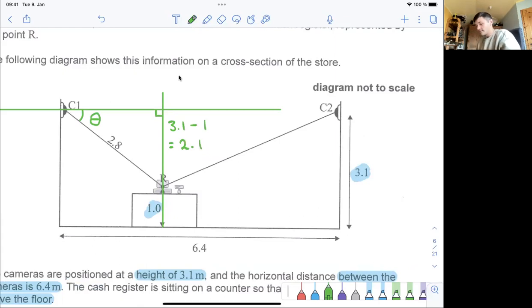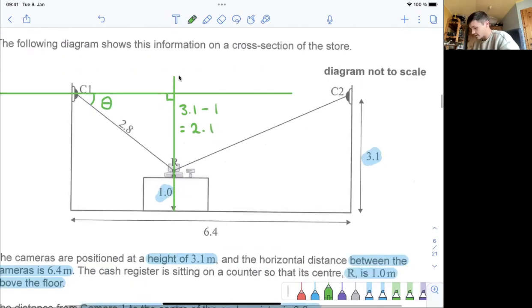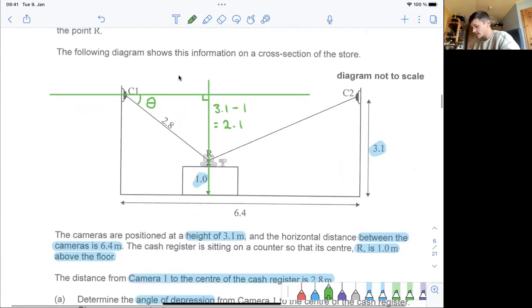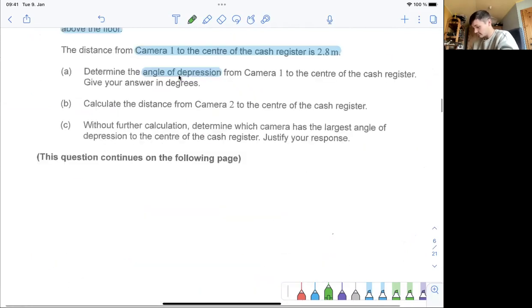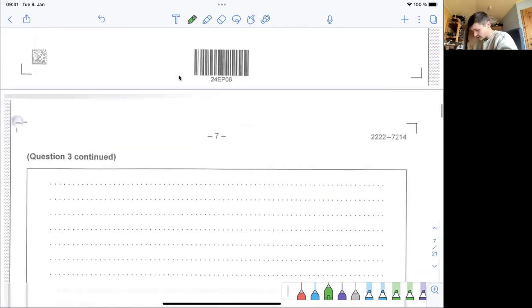There we have the height, the opposite side to our angle theta. Now we can calculate the size of the angle theta. We're going to be using SOHCAHTOA, and specifically sine, because we have the opposite side and the hypotenuse.